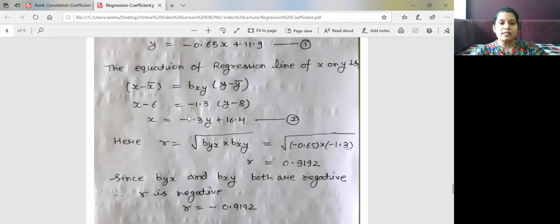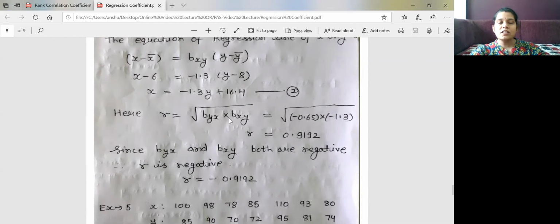Solving this equation, we get x is equal to minus 1.3y plus 16.4. This is our second equation, that means the regression line of x on y.